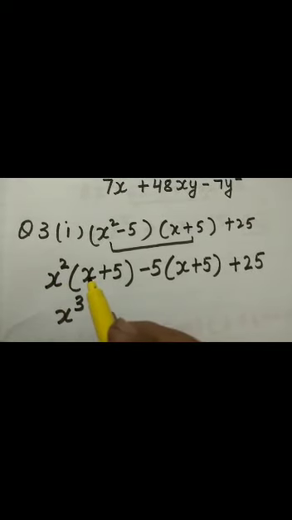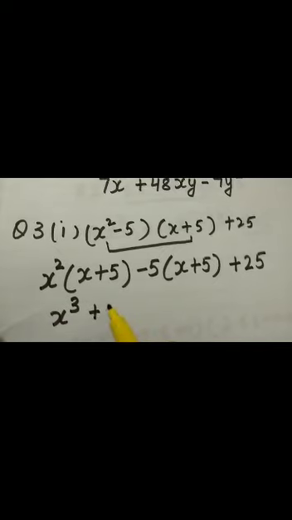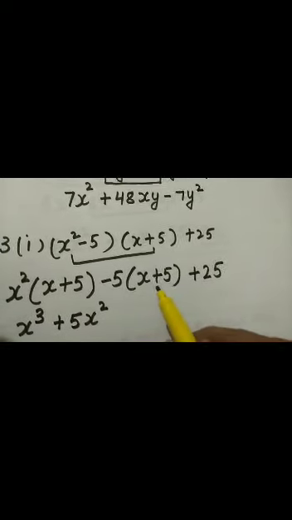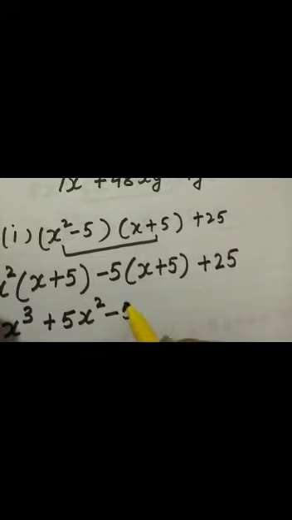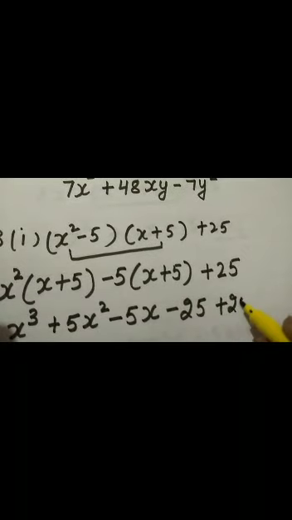Now x square, when we multiply with x, it will be x cube. Now second term we'll get 5x square. Now second term we have to multiply with minus 5. So this will be minus 5x minus 25, because one positive and one negative sign is there.